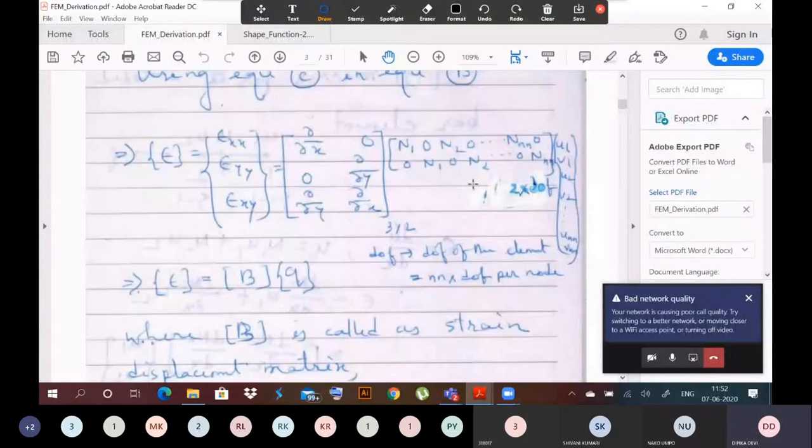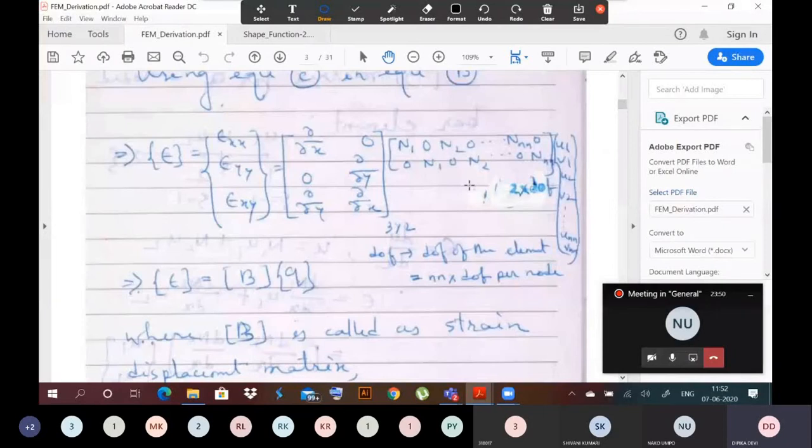Then it will be 3 by 8 for a 4-noded rectangular element, and 3 by 6 for a 3-noded triangular element. So that way we can have this B matrix. It can be simply called the B matrix, or it is also called the strain displacement matrix. It is usually denoted by B. Universally in all books you will find this matrix denoted by B in FEM.